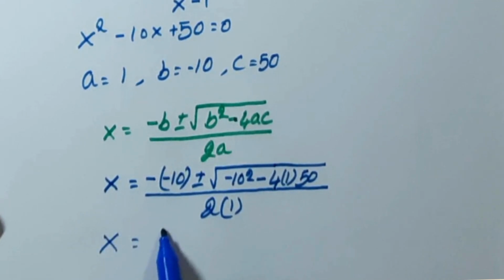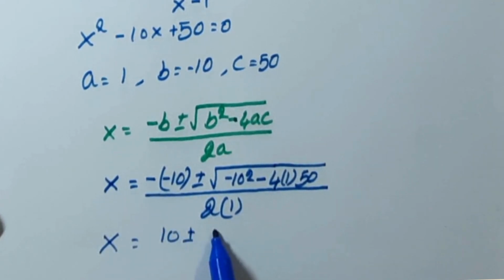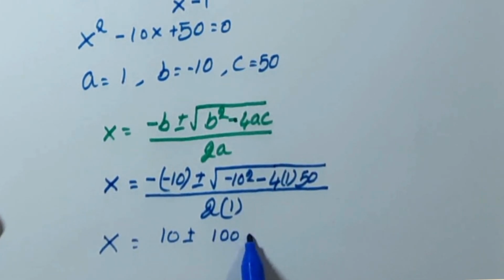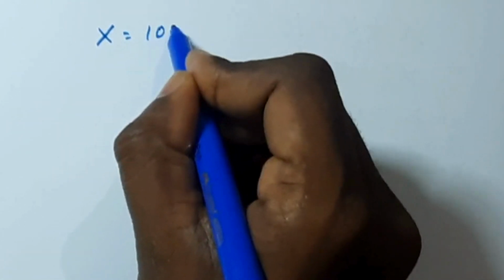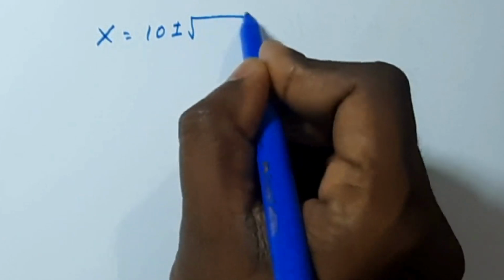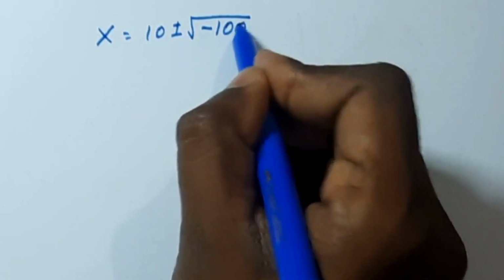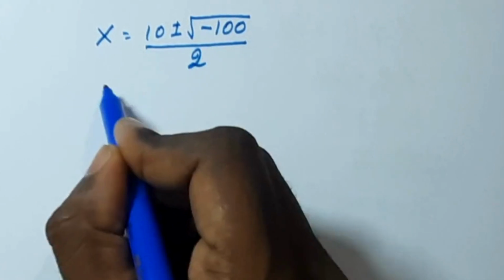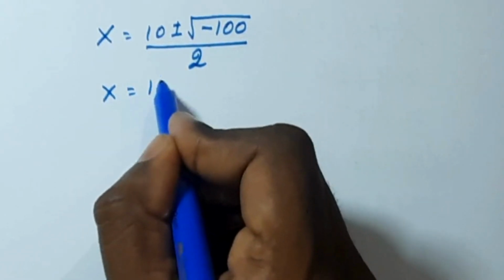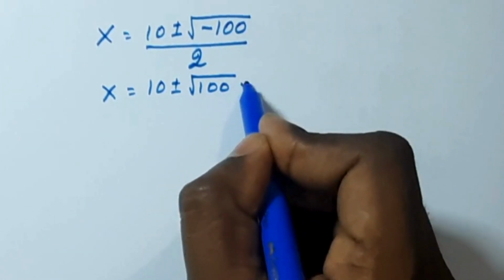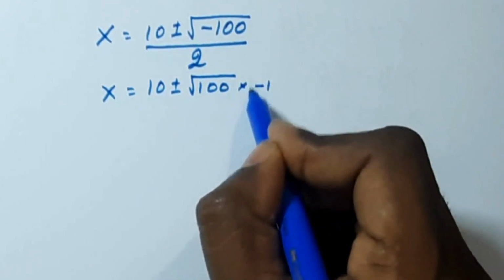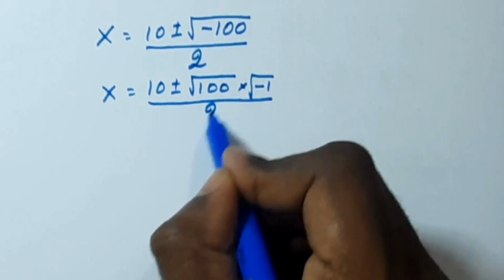x equal to 10 plus or minus square root of 100 minus 200 by 2. x equal to 10 plus or minus square root of minus 100 by 2. Now x equal to 10 plus or minus square root of 100 times of minus 1 by 2.